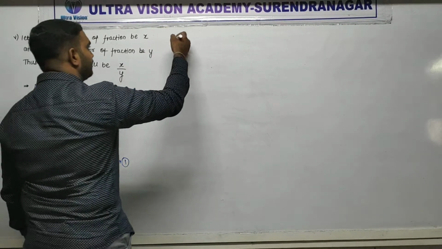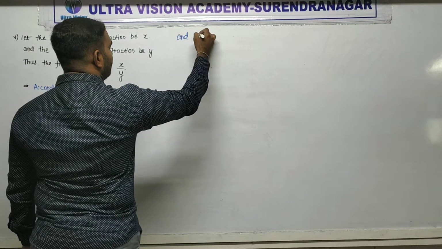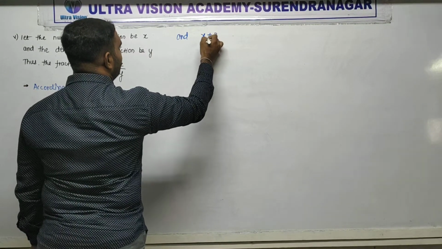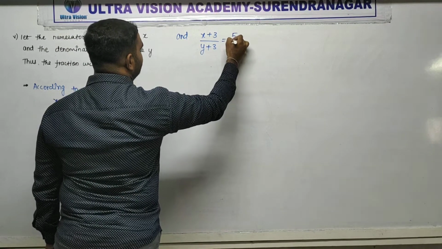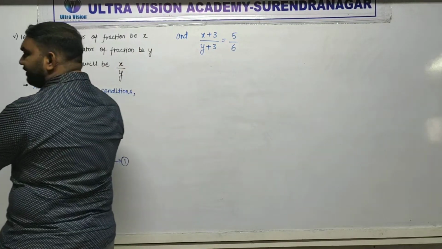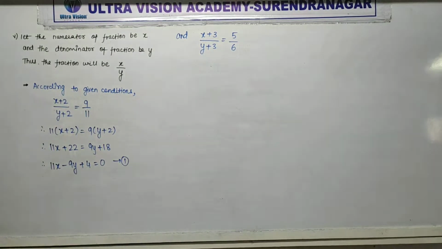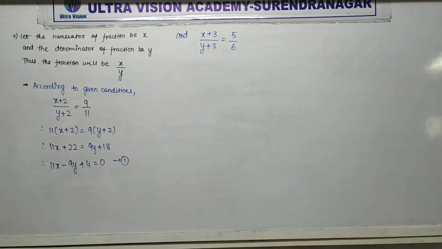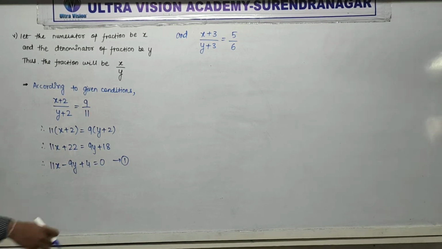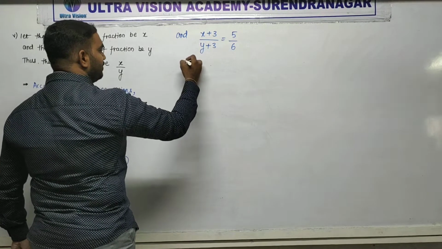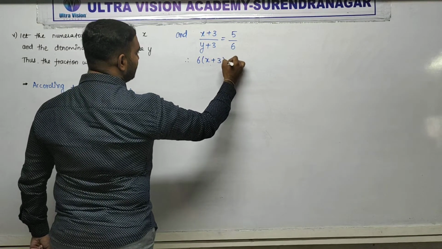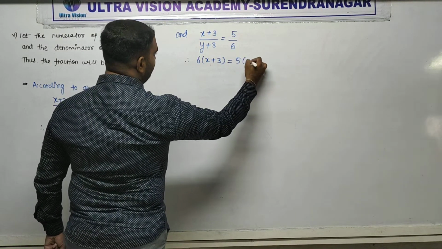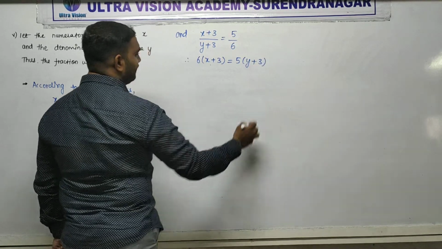And if I add 3 to numerator and denominator, the fraction becomes 5/6. Again, what shall we do? We shall cross multiply. 6 here. 6 multiplied by x plus 3 is equals to 5 multiplied by y plus 3.